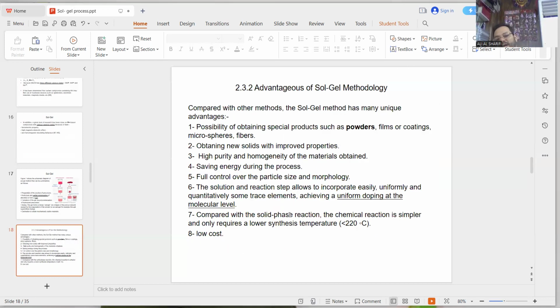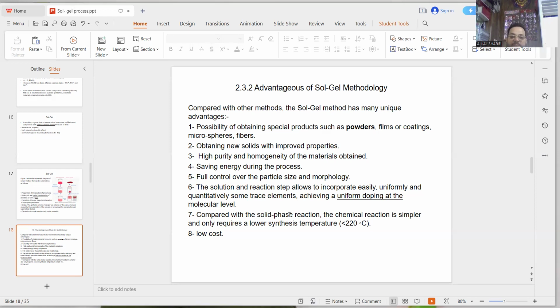Now let's talk about the advantages of why this method is enhanced. It's very important compared with other methods like the solid phase reaction method. Possibility to obtain special products such as powder, like I worked on, and you can produce other films, microspheres, like you want, obtaining new solids, like I did, with improved properties, high purity and homogeneity of the material, saving energy, full control over the particle size.